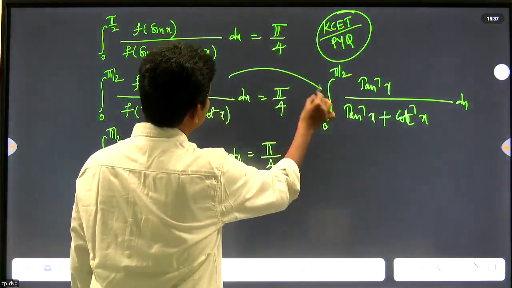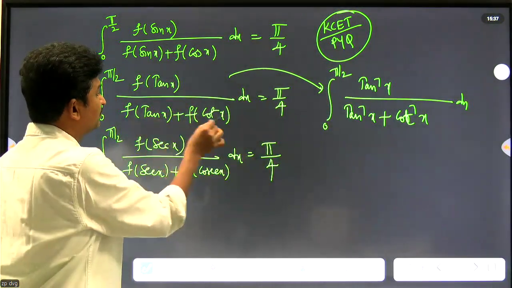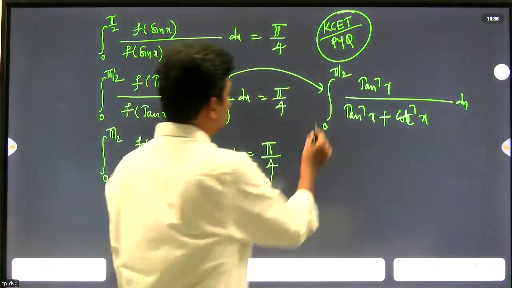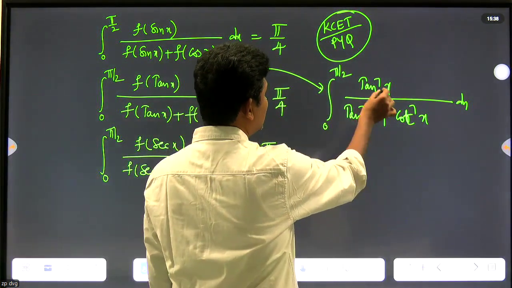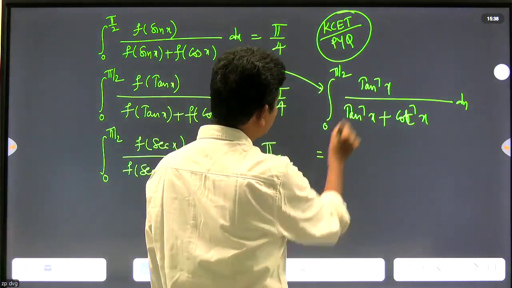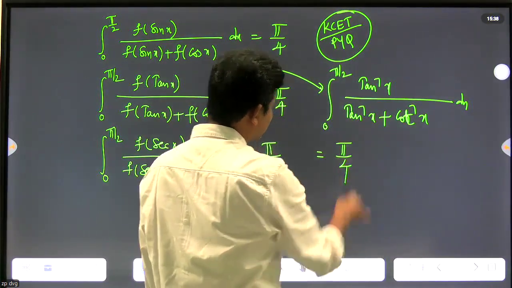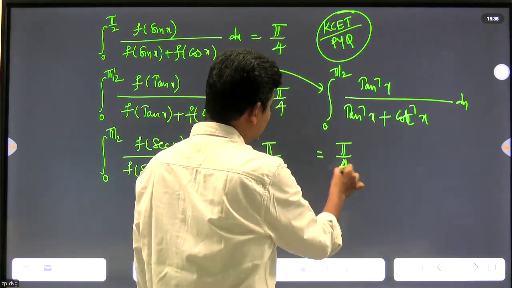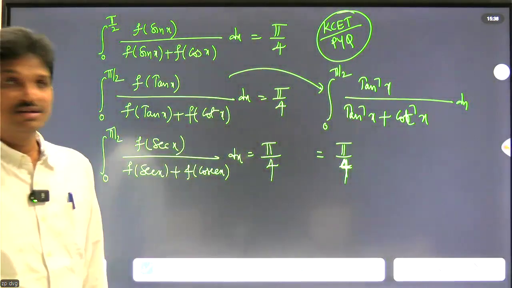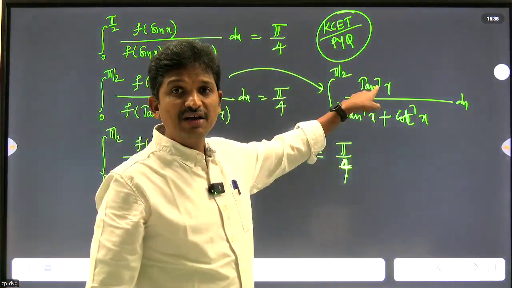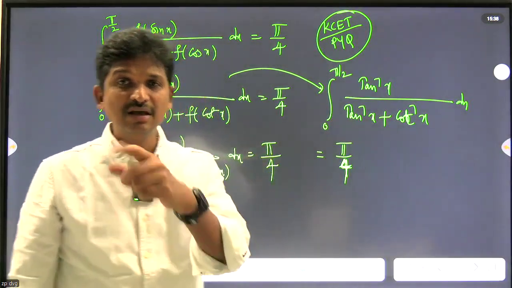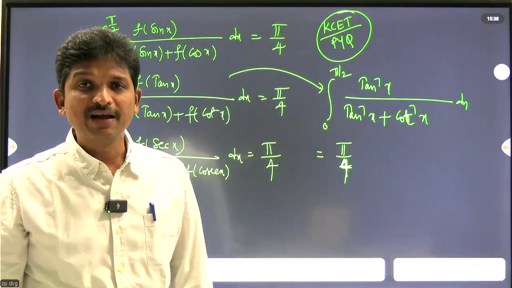Look at this. This is of the form f of tan x divided by f of tan x plus f of cot x dx. By the regular method also, you take this as I, in place of x you write pi by 2 minus x and simplify. Whenever you see a problem like this, you can save so much time. Answer is pi by 4. In NCERT also, so many problems are there of this type, like sin power 5x divided by sin power 5x plus cos power 5x dx.